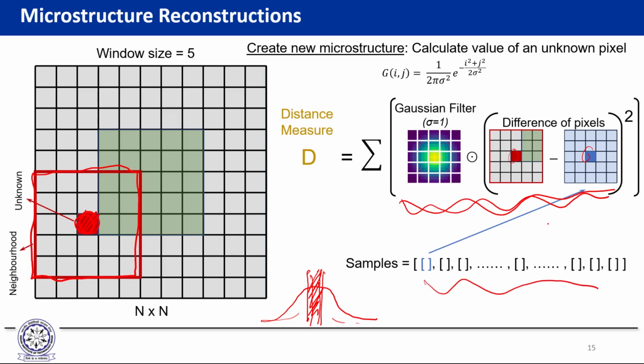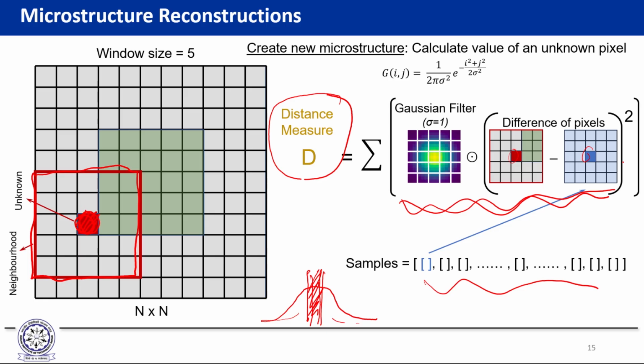So in that sense, I am simply creating a measure of how different the microstructure that is being reconstructed is from the initial microstructure. And then I simply want to minimize this thing which we call the distance measure. So distance measure I am defining as the summation of all the products of the Gaussian filter with the square of the difference values of the pixels.